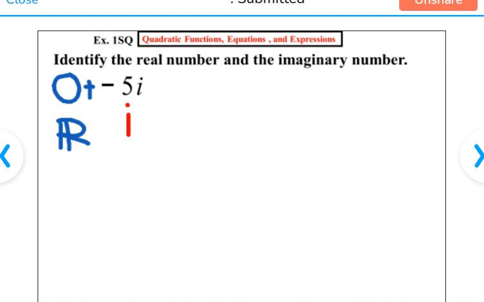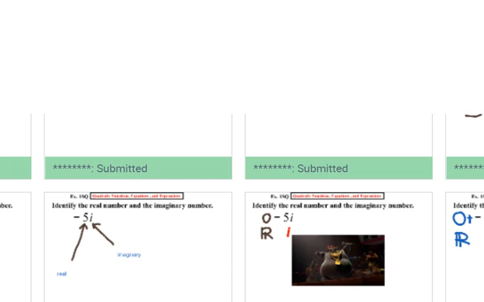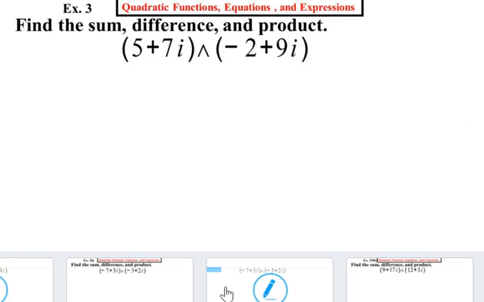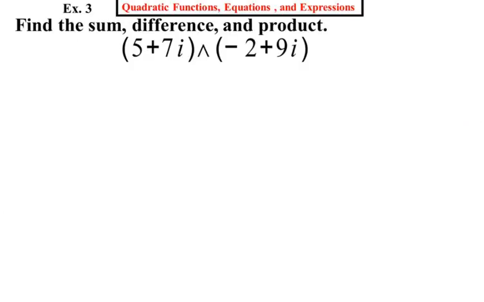All right. So from 1 to 5, show me your fingers. How comfortable are you with this? Yeah, we got this. No problem. All right. So let's move on to funner stuff. How about this one? Copy this one. Example number 3. And today's the lesson that we're actually identifying that those are complex numbers, and we're finding the sum, difference, and product. And some of you are saying, Mr. Q, weren't we doing that on the warm-ups?